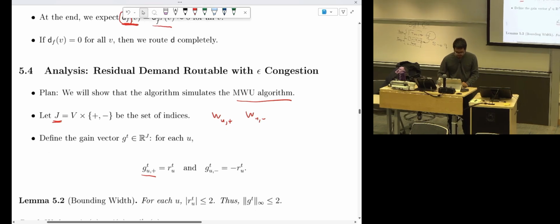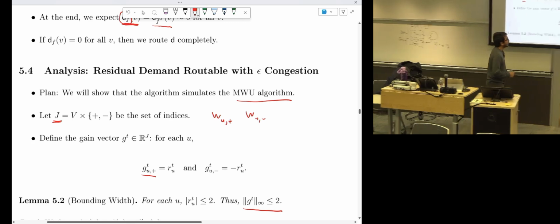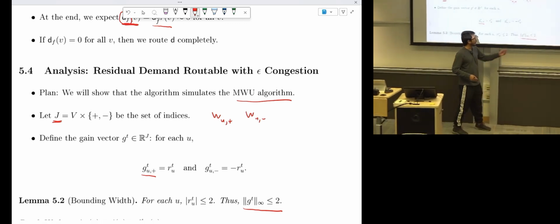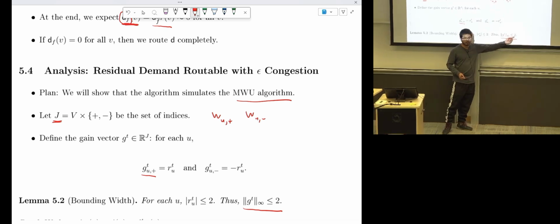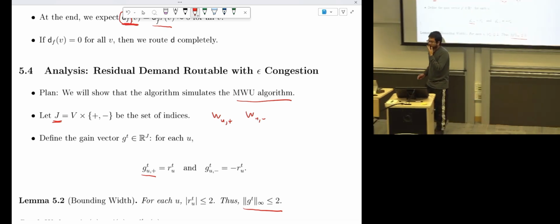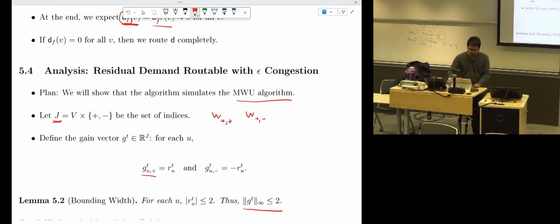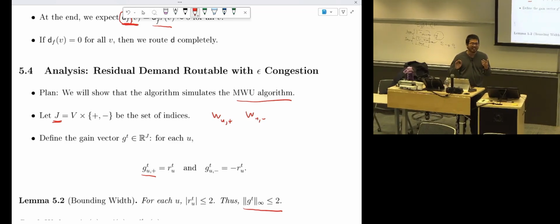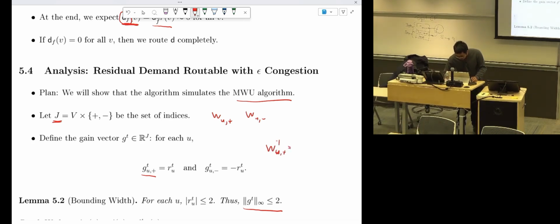What we show is that this gain has small width, just like in the weight update algorithm. I need that this thing is not too big. It's going to be at most 2. Okay. And then we update the weights just like how we do it in the weight update algorithm.